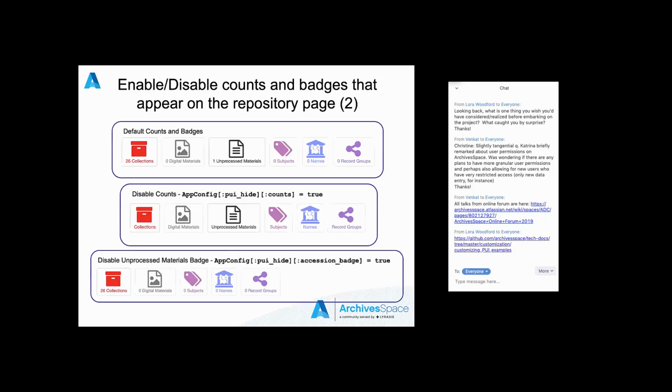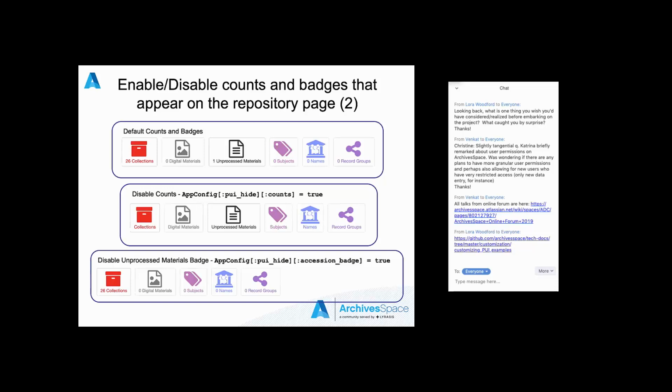The default counts and badges that come straight out of the box are the first example up there. If you didn't like the counts that are included in those badges, you can set the PUI hide counts equal to true, and that would actually remove the counts from the badges themselves. You can see that in the middle example.